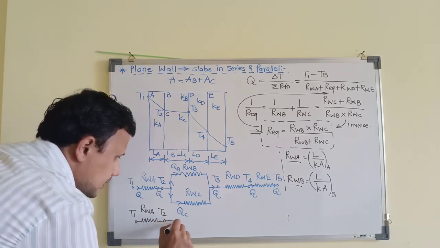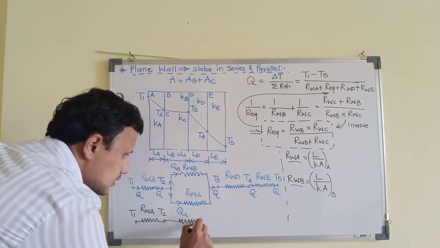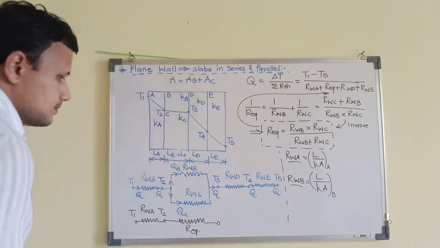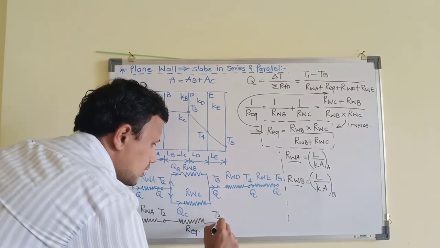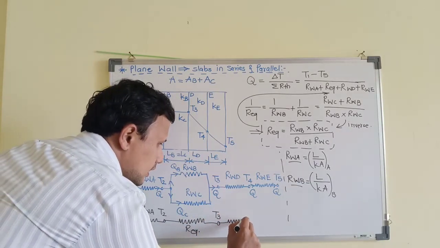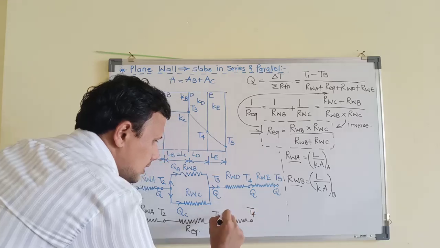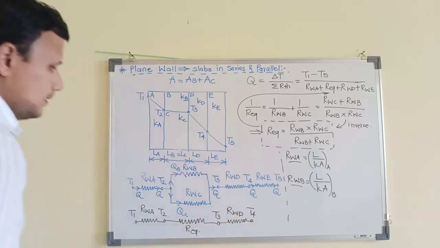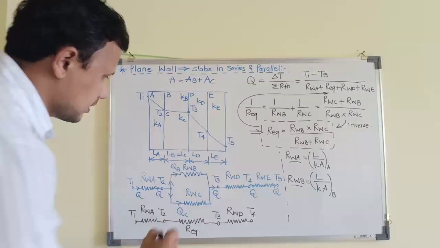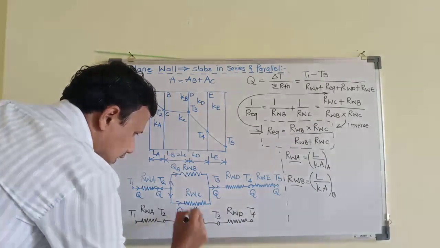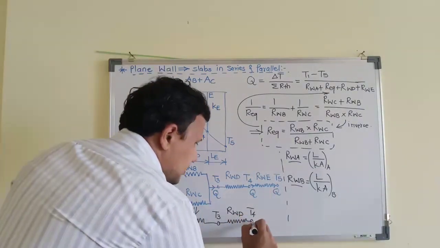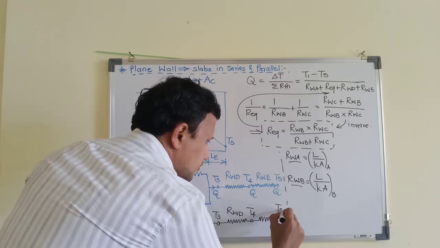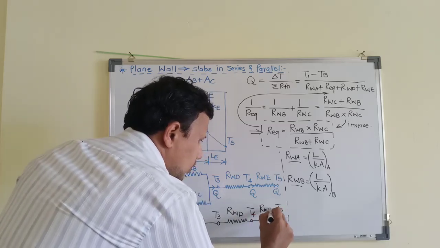Then, instead of these two resistances, because of the mathematical calculation, there will be R equivalent up to T3. Between T3 and T4, there will be the next thermal resistance because of conduction, R wall for material D. And finally, between T4 and T5, there will be the final thermal resistance, R wall E.